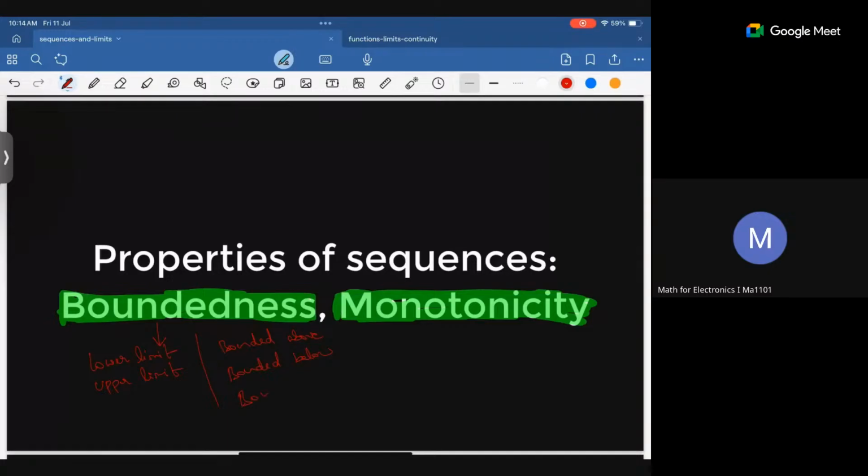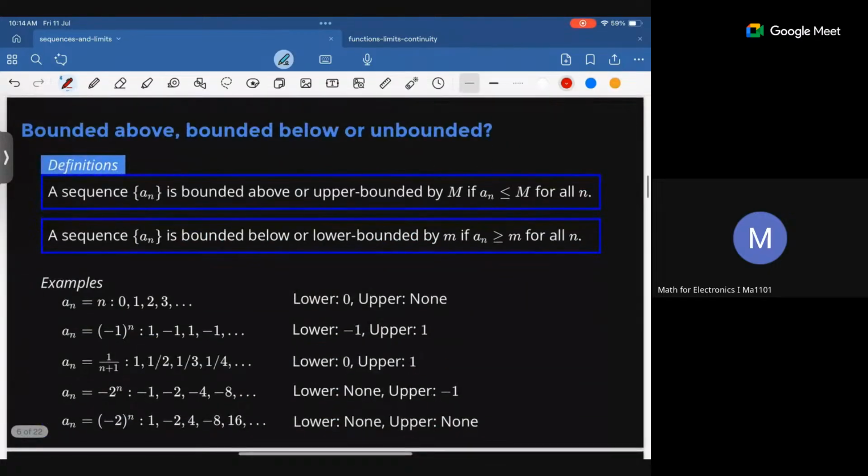So bounded and then unbounded. So all these terms come in this concept of boundedness. And then monotonicity is basically we'll talk about whether the sequence terms are increasing or decreasing, right? So these are the things. So let's go through them very quickly.